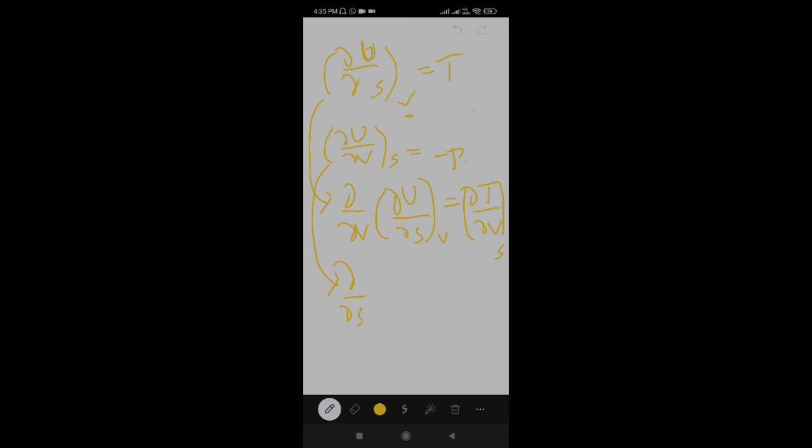Dou by dou S of dou U by dou V at constant entropy is equal to, on this side you have minus P, minus dou P by dou S at constant volume. Why? Because you are differentiating with respect to entropy.